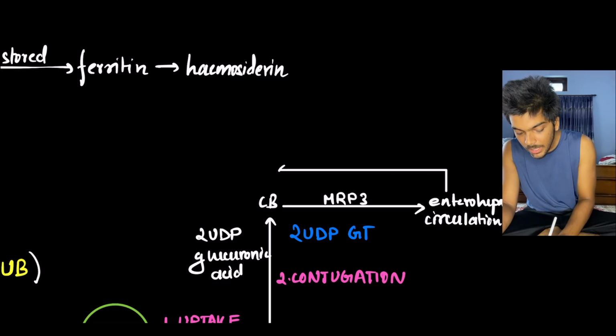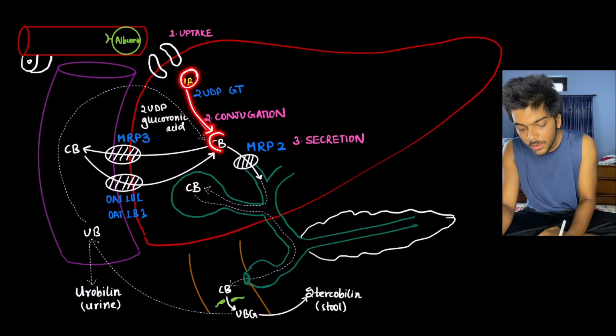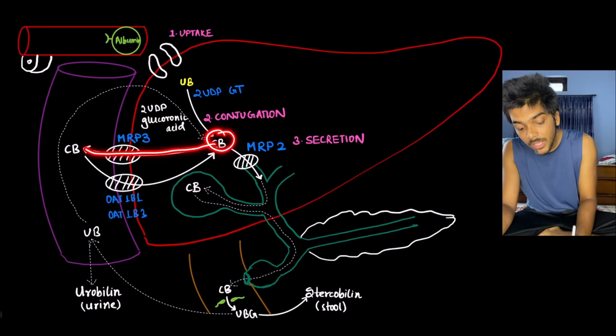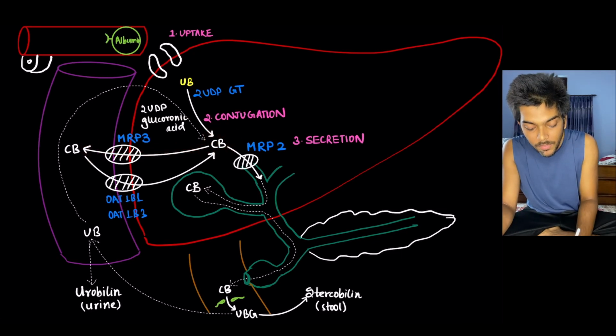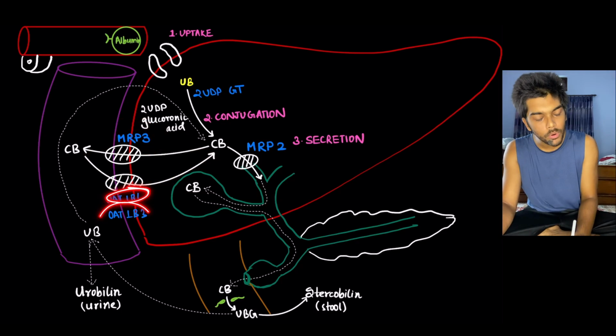It returns back with the help of what? OAT1B1, OAT1B3. See here. So inside the liver, conjugation of the unconjugated bilirubin into conjugated bilirubin takes place. Then this conjugated bilirubin can enter back into the enterohepatic circulation with the help of multi-drug resistant protein 3, but is taken back with the help of OAT1B1, OAT1B3.